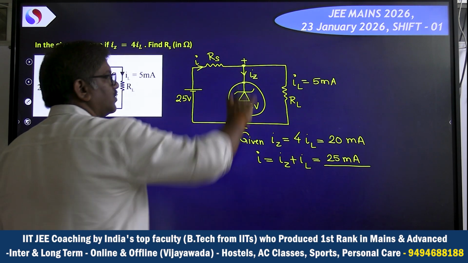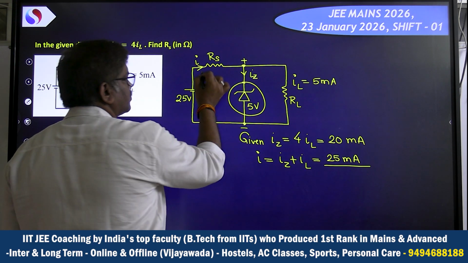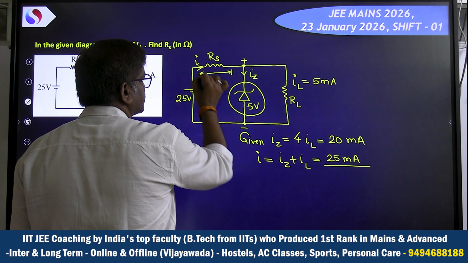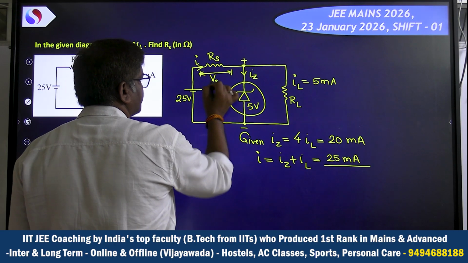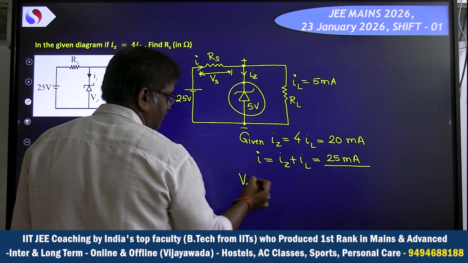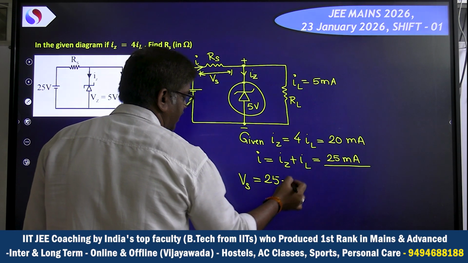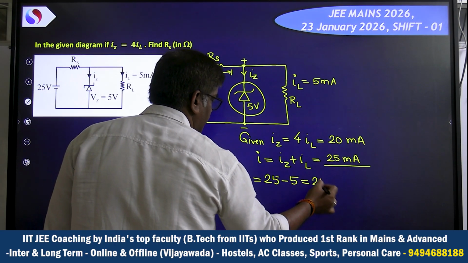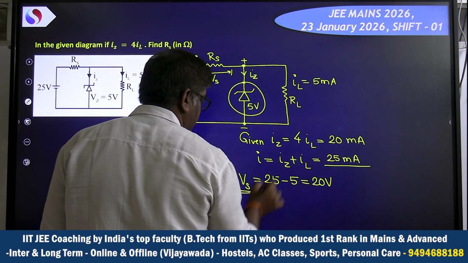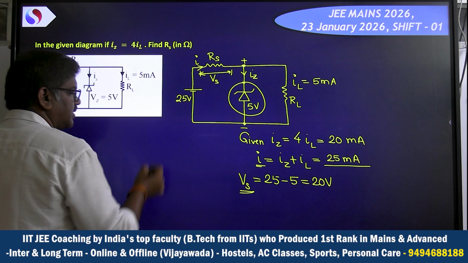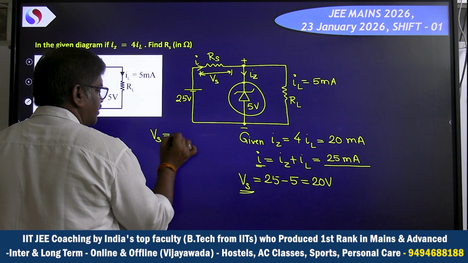Alright. Also, this voltage is 5, so you can easily find out the voltage across this RS. If I name it Vs, then this Vs is nothing but 25 minus 5, which is 20 volt. Now you have the voltage and the current passing through RS. So Vs equals I into Rs.